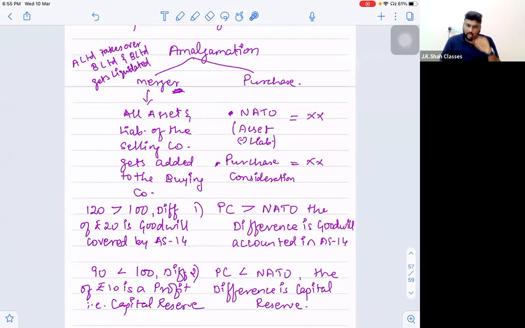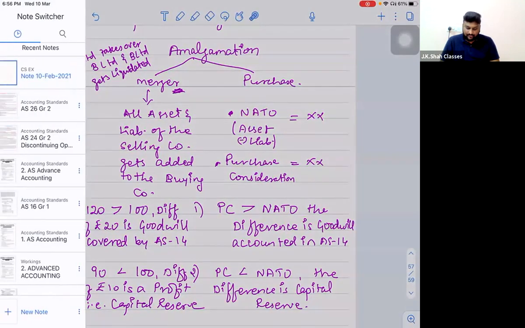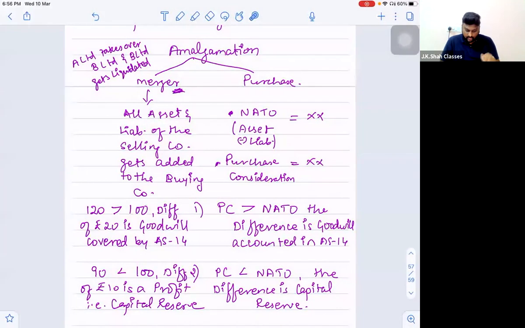Now, again, going back to our next point, if anybody wants to record this, you can please take a screenshot of the same. This will be taught to you again when you are doing the amalgamation chapter. So just for reference, you can take a note or take a screenshot of the same.